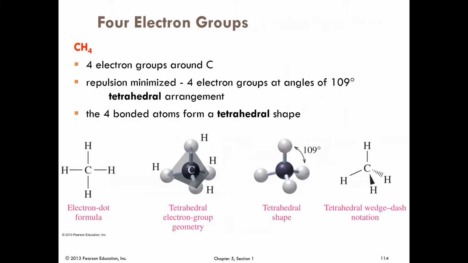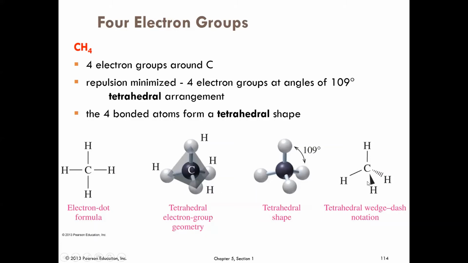If we're looking at things that have 4 electron groups, so starting with anything bonding to carbon, now we're going to use what we call a tetrahedral arrangement, and there are different associated geometries with this tetrahedral arrangement. All of the bond angles in a tetrahedral are 109 degrees apart. And there's a certain wedge-dash notation.